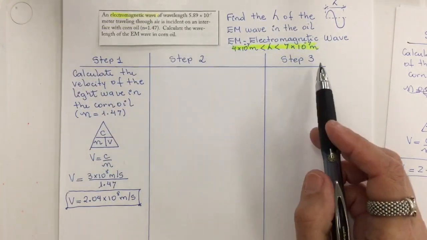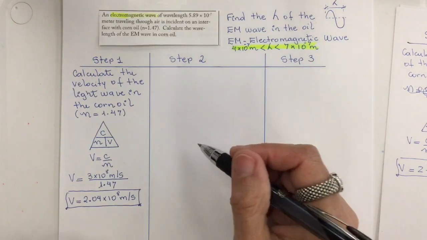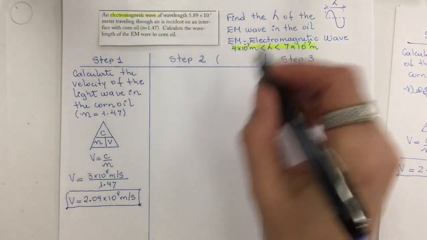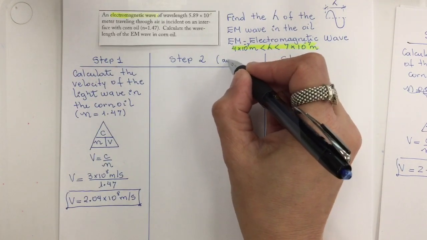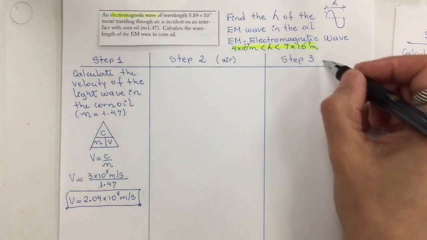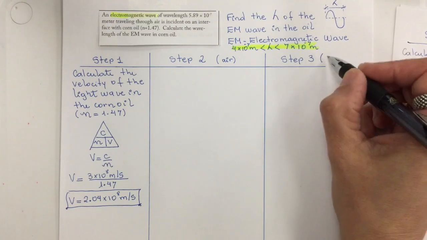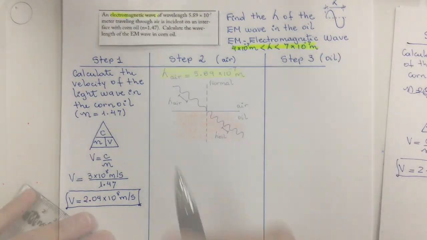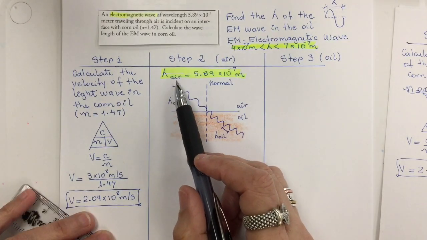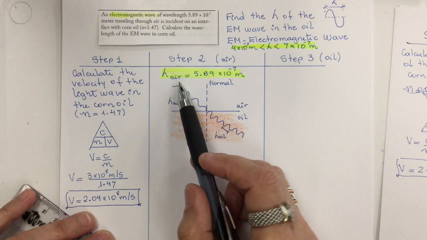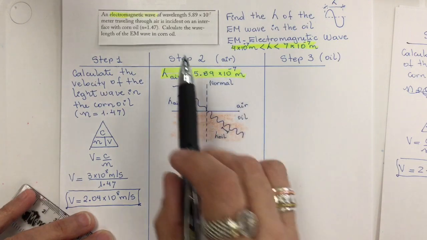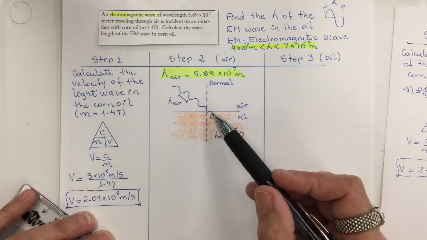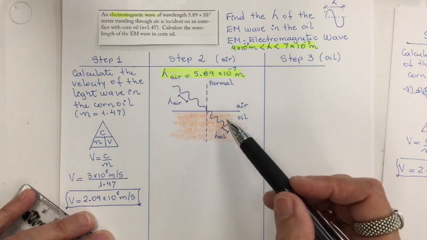Steps 2 and 3 I'm going to divide: step 2 is whatever is going on in the air, and step 3 is whatever is going on in the oil. This is the wavelength of this light wave in the air that was given in the problem, and this diagram illustrates what's going on here.